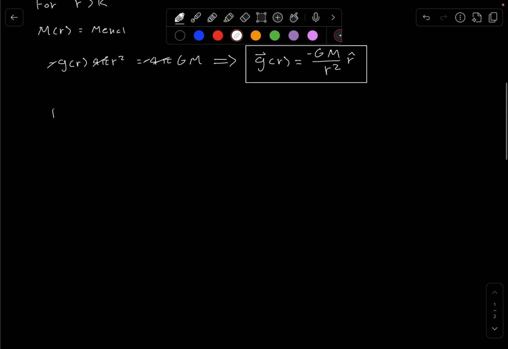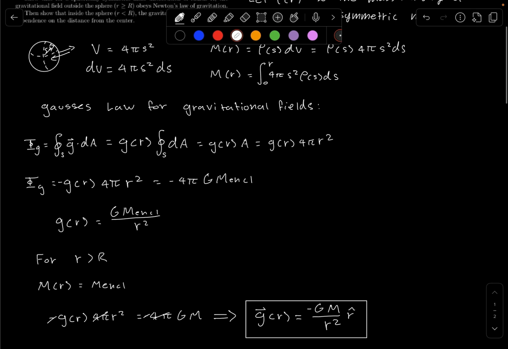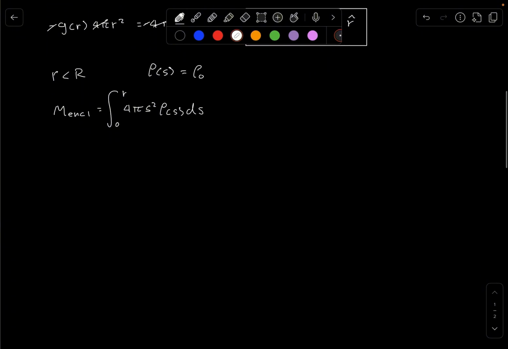And then for r less than R, we now need to evaluate this integral because this is going to be the enclosed mass, which is equal to the integral from 0 to r of 4 pi s squared rho of s ds. And the issue here is that we don't know what rho of s is, but we're just going to make rho of s equal to rho naught. Just make it constant, a uniform mass distribution.